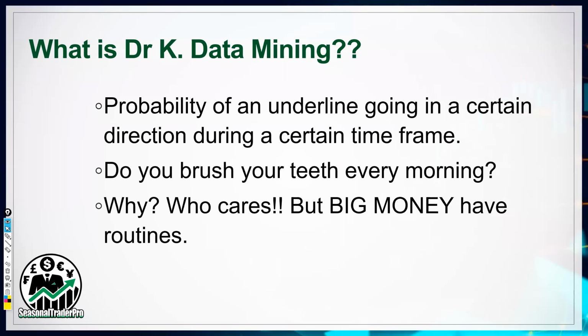Then you can use your own trigger system, if you don't have mine: here's the window of time, and I'm just waiting for an oscillator to give me an entry. Some will go in right off the dates when they're over 30 years of data with 90% probabilities, because they're like, hey, there's not much better odds than that. So there's a lot of ways to play this, and I'm going to walk you through that today.